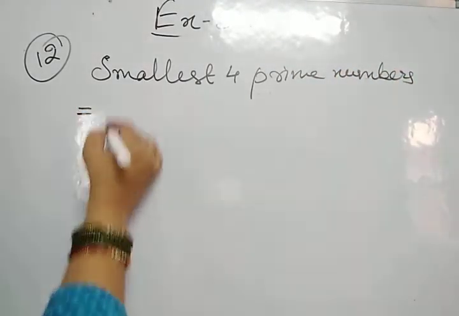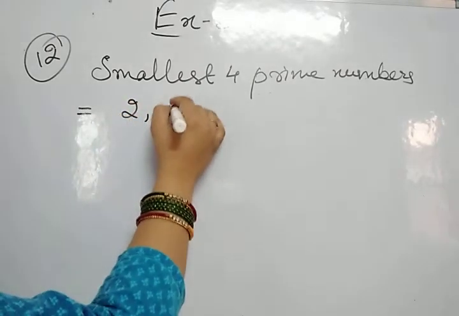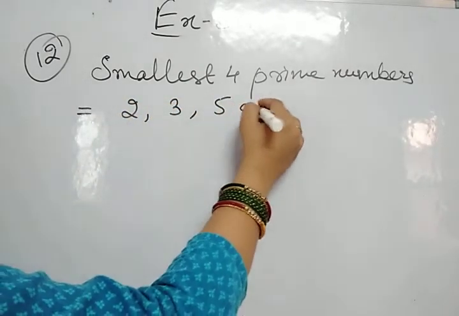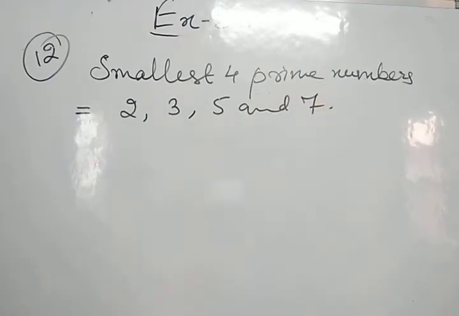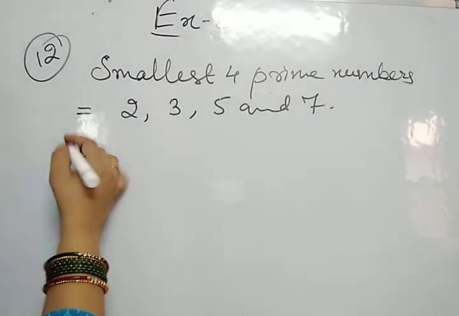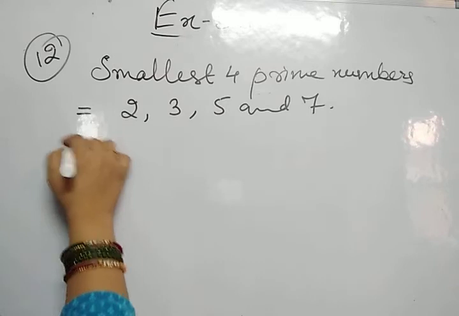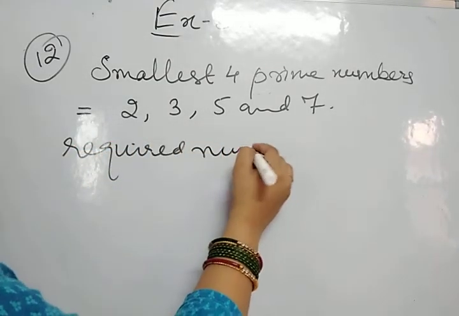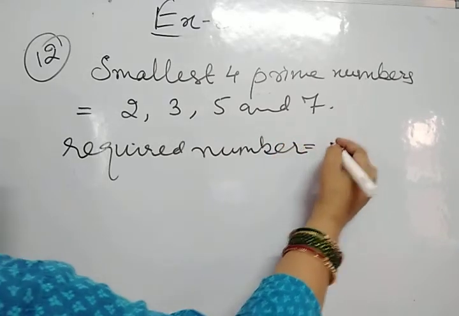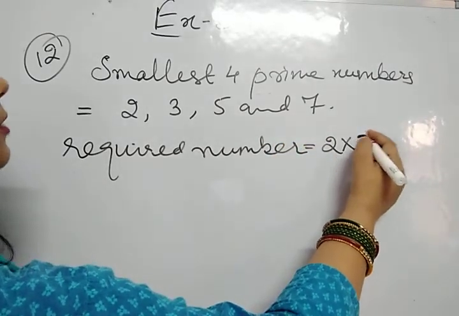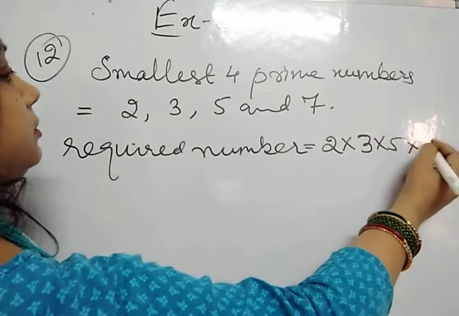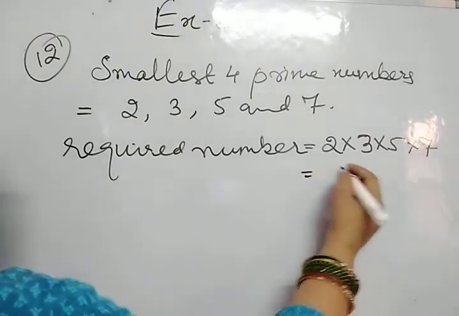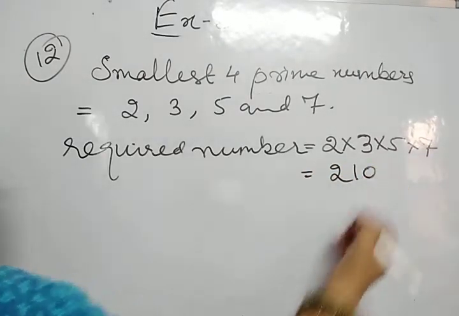The smallest 4 prime numbers are 2, 3, 5 and 7. For the smallest required number, we will find out the product of these given numbers. 210.